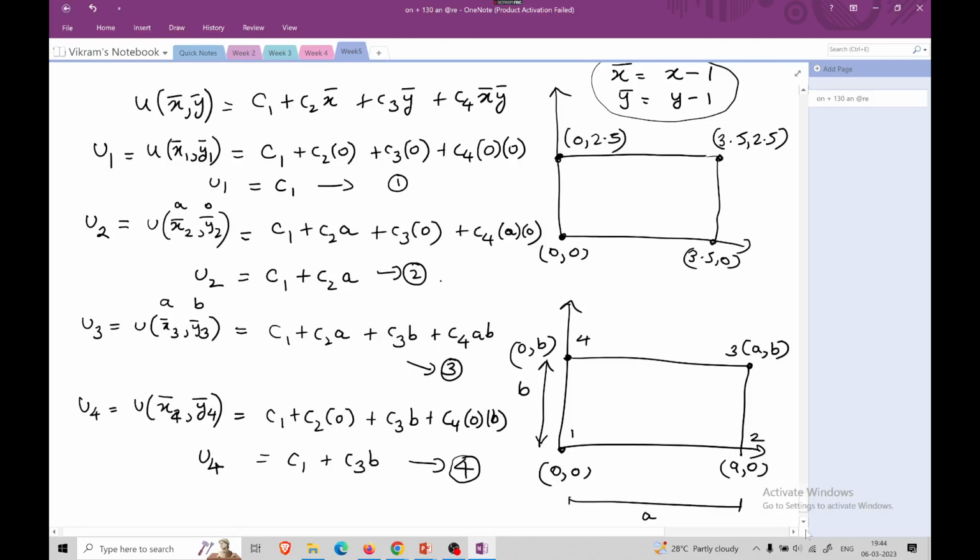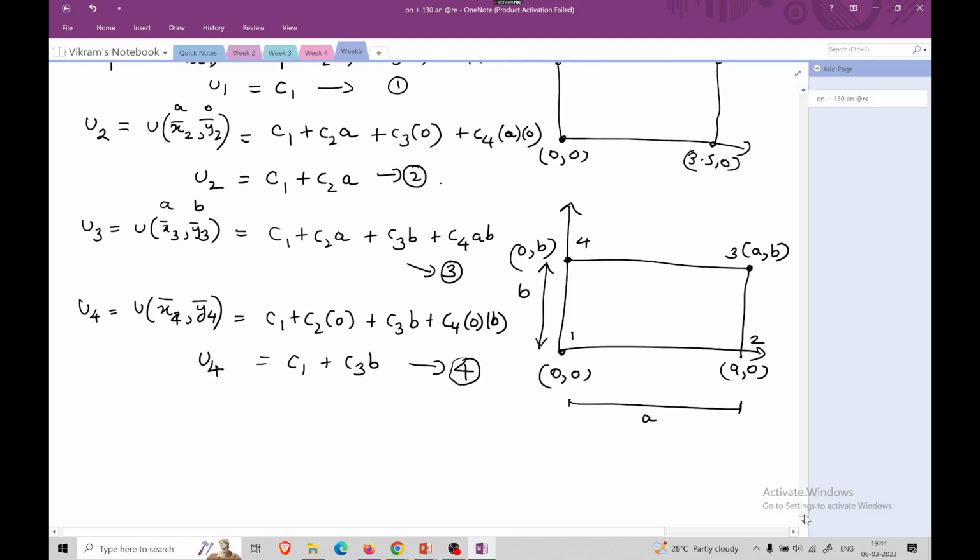So from this it is easy to solve. I already have one equation. My C1 is nothing but u1. If I substitute the same thing here in the second equation, u2 is equal to, instead of C1 I am going to put u1, plus C2 times a. So what is C2? C2 is u2 minus u1 by a.